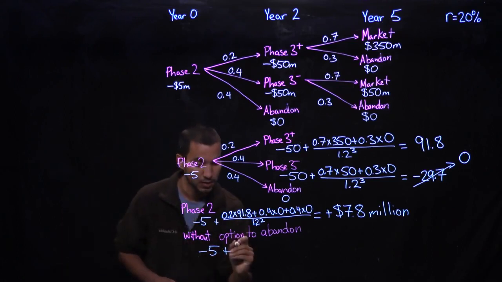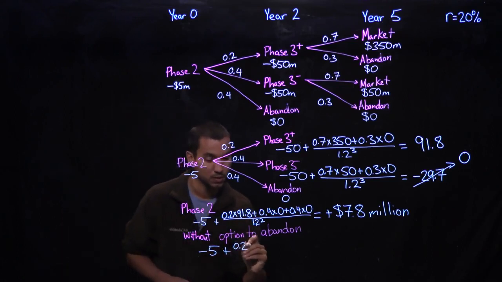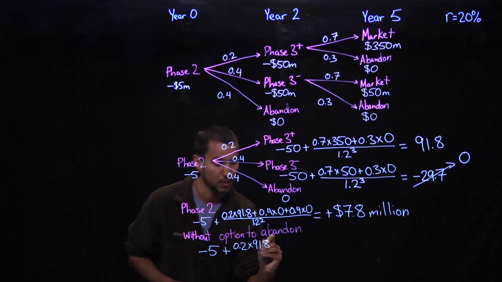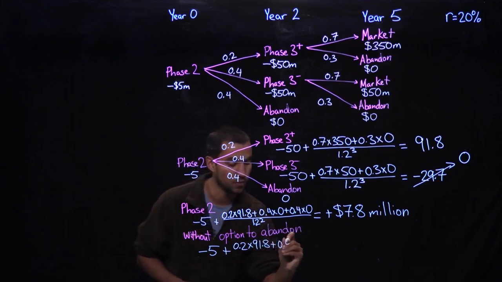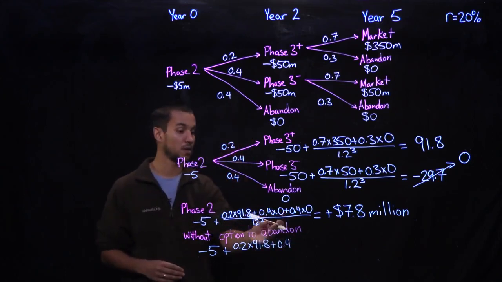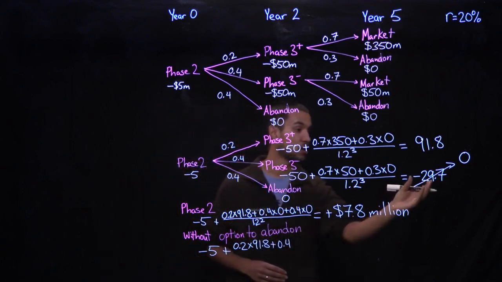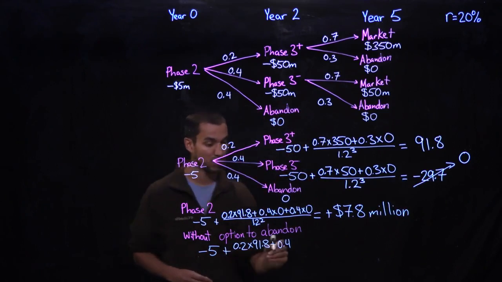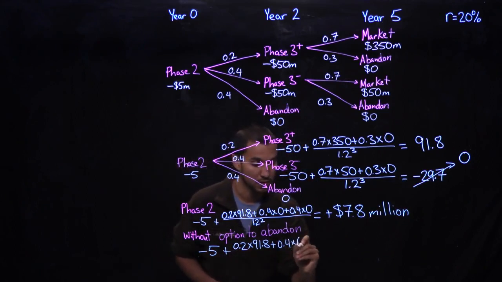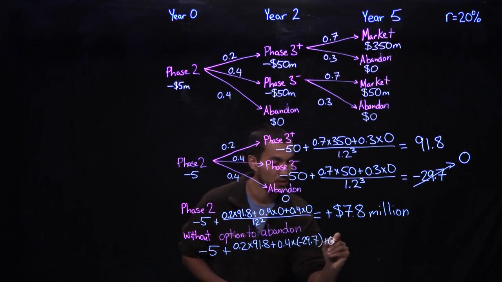Well, now it would be 0.2 times 91.8 plus 0.4. But now instead of abandoning the project, we would incur a negative NPV of minus $29.7 million. So this would be times minus 29.7 plus 0.4 times 0.